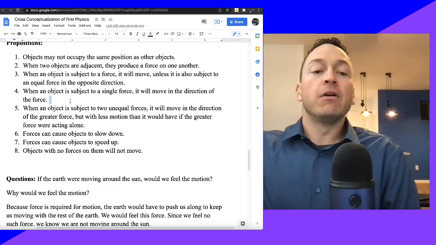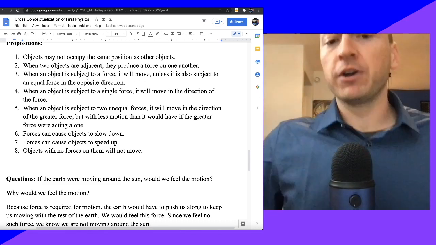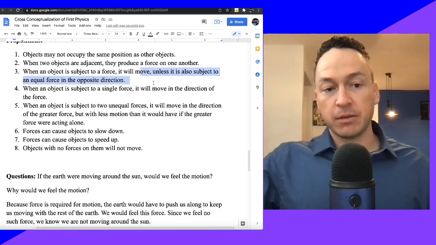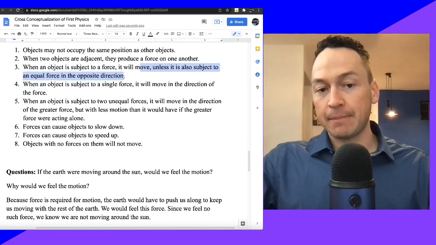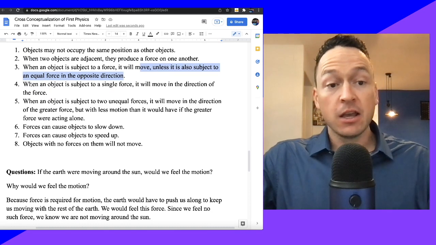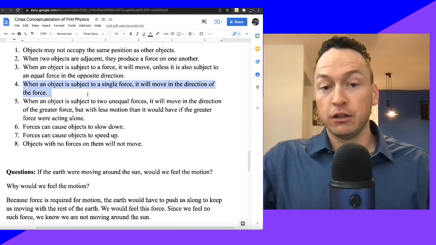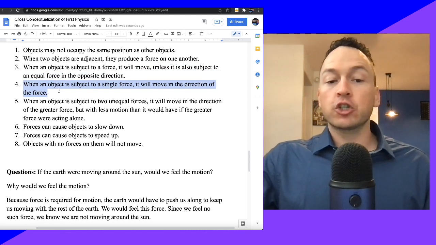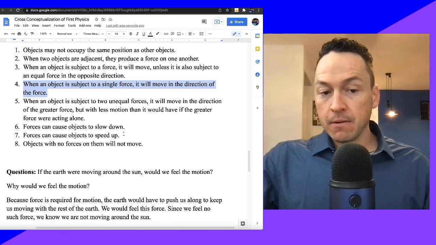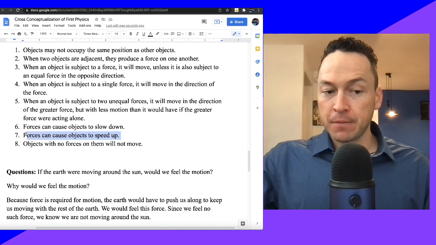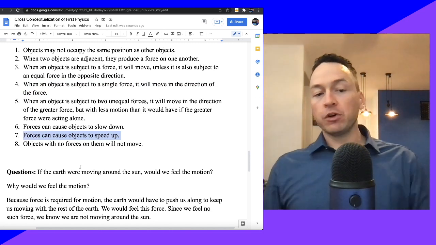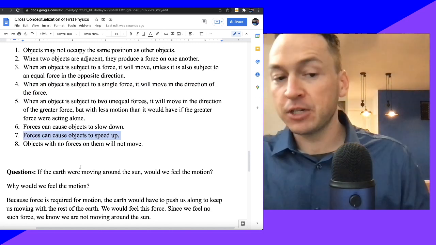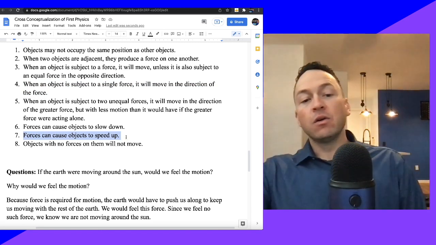Okay, great. So when an object is subject to a force, it will move unless it is also subject to an equal force in the opposite direction. I mean, that sounds fine. When an object is subject to a single force, it will move in the direction of the force. Yeah, that's true. But is that separate from this fact? Forces can cause an object to speed up.